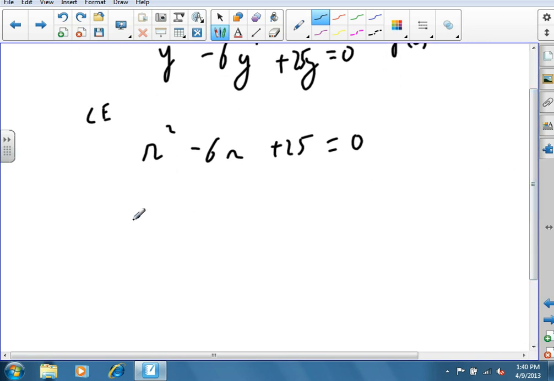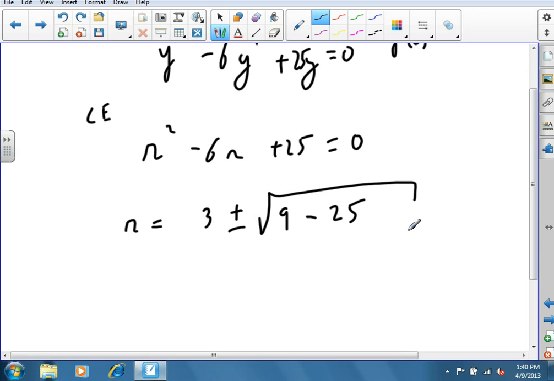Okay, so r is going to be, I'm going to use the half quadratic formula. So it's going to be 3 plus or minus the square root of 9 minus 25. And so r is going to be 3 plus or minus 4i.